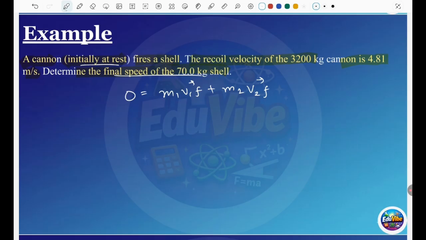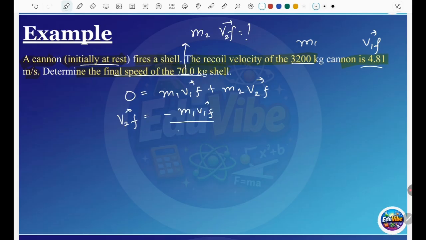So the 3200 kg cannon is mass 1, and the 70.0 kg shell is mass 2. For mass 1 we have v1f, and we want to find v2f. So we isolate v2f, and we get minus m1 v1f upon m2.